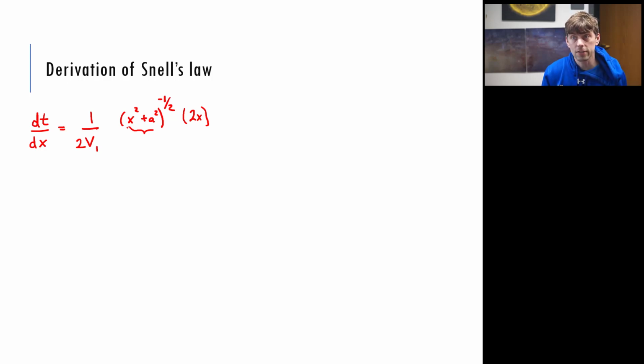Well, let's go on to the second one. We have a similar idea. We have v2, and here we had the quantity L minus x, quantity squared, plus b squared. Again, power rule: we take the exponent, move it down in front, and decrease the exponent by 1.